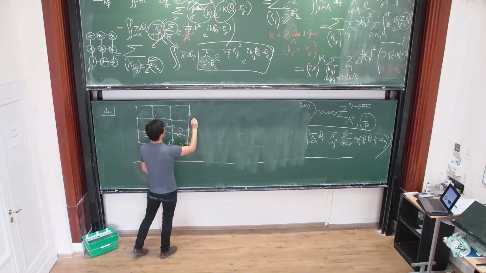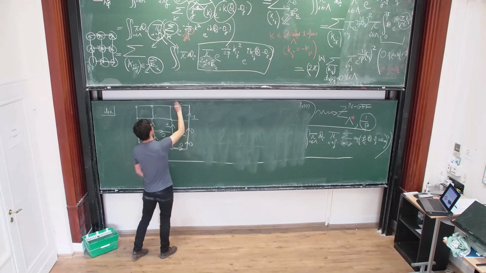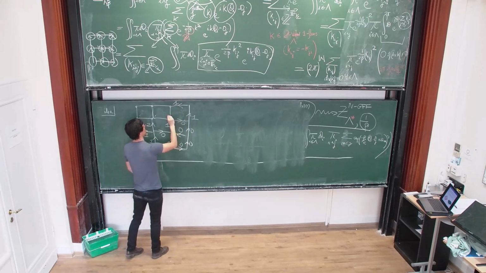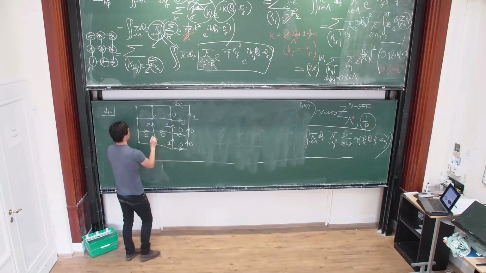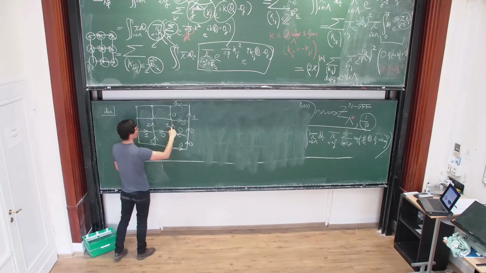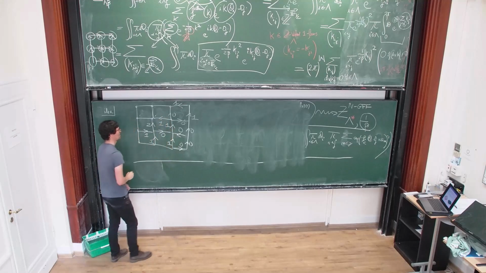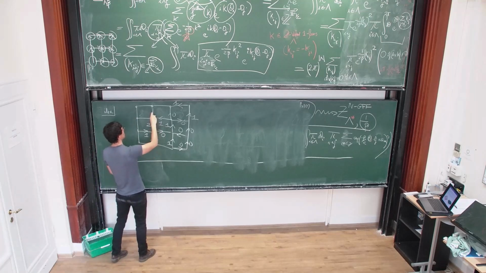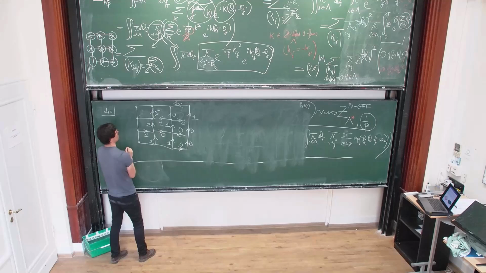Maybe I can put 1 like this, and then I need to put 1 like that. Maybe 0 here, 0. Let's try maybe something dangerous, that I have 1 here. I'm forced to have 1 here. 1, 2, I would need 3, but let me make 5. Then I need 2 here.